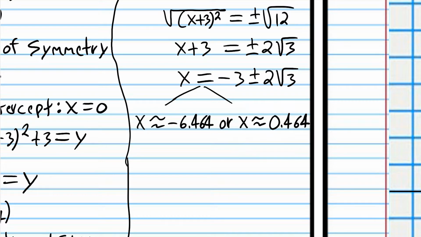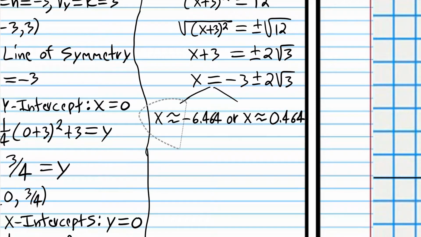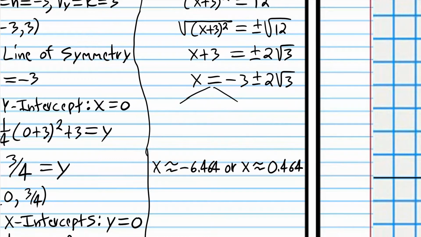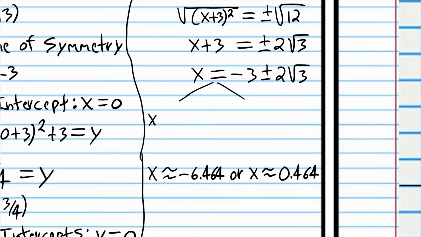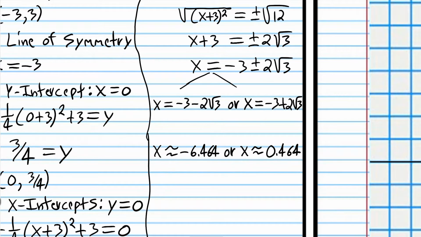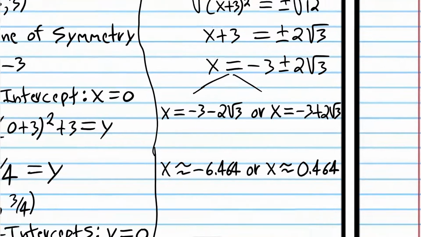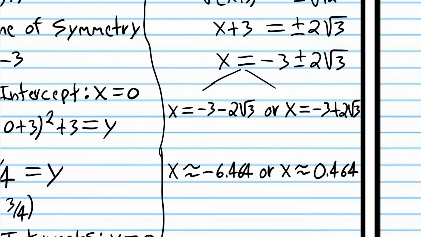Now I'm going to order this a little differently here. First I want to explain that x can be negative 3 minus 2 root 3, or it can be negative 3 plus 2 root 3. I should probably mention that. I don't remember exactly how I showed it in the previous classes, but these are the two x-intercepts.